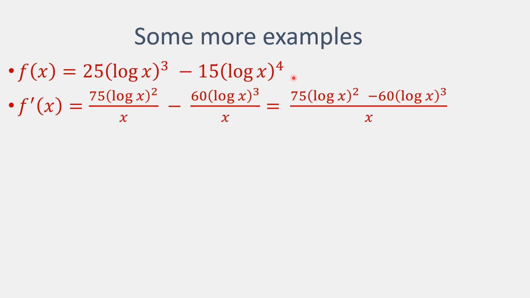Similarly with this function, when we simplify it, the first derivative of f of x in this case turns out to be this function here. We want to look at the cases when that function takes the value 0. Now, one simplification we have is we only need to look at the function that's given by the numerator here.